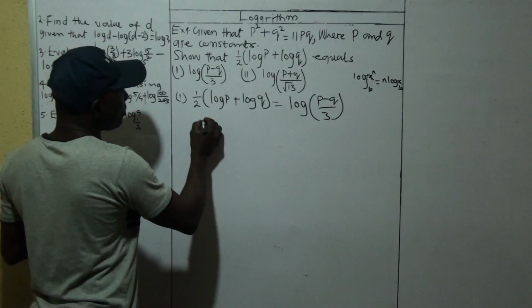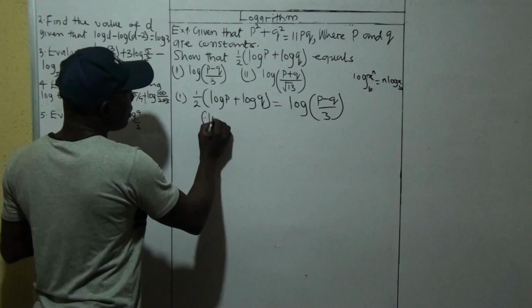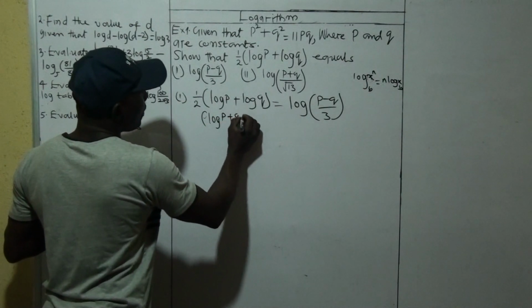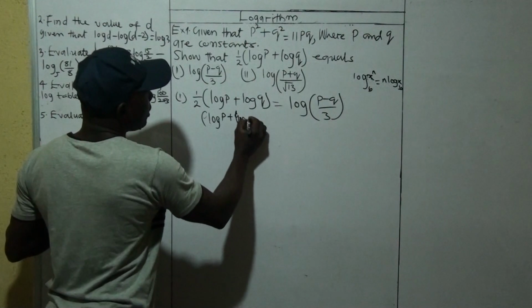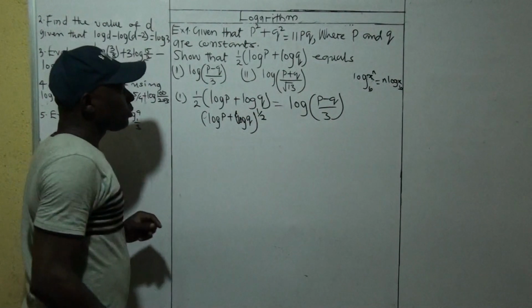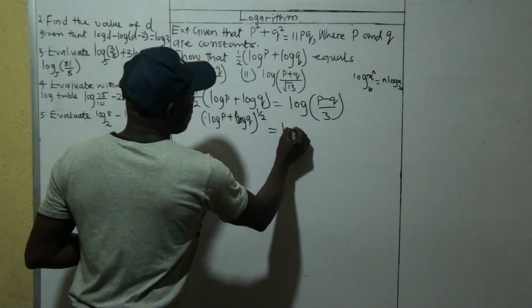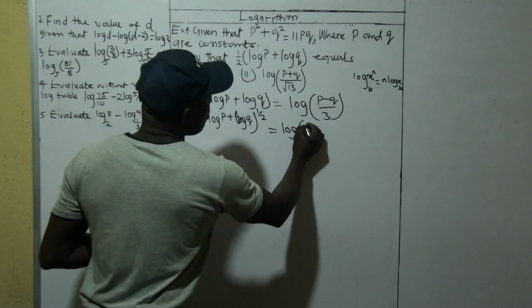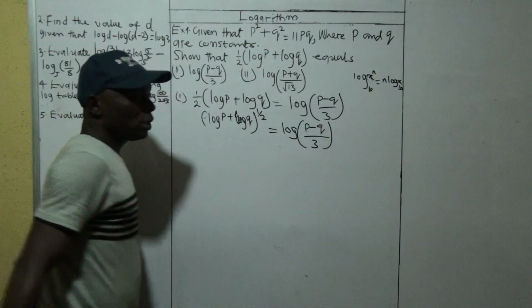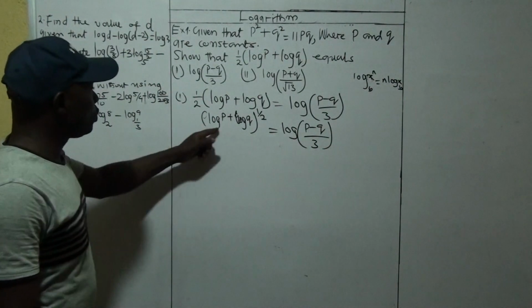So this becomes open bracket log p plus log q, everything raised to power half, is equal to log open bracket p minus q all over 3. Then you close your brackets. So you do the operation here.